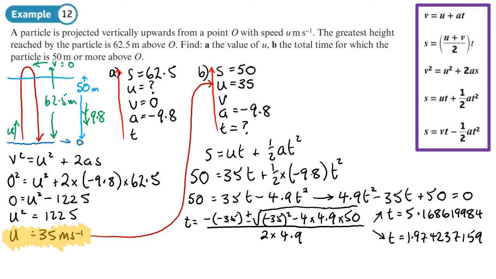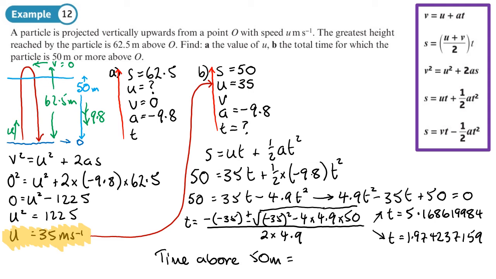Do the subtraction and write the answer. So the time above 50 meters is equal to, so I'm going to type in the full numbers. I probably only needed really to write down the numbers to 2 decimal places, because I'm only going to be given an answer to 1 decimal place.